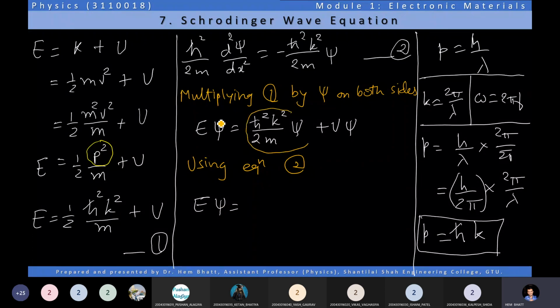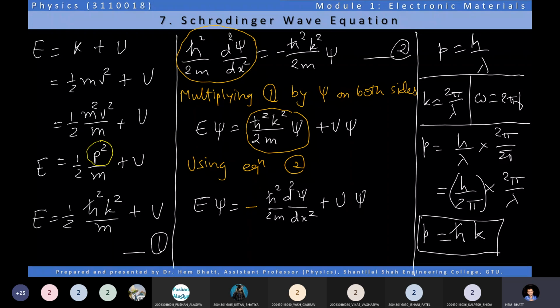Instead of this, I will substitute this value, of course with negative sign. So minus h cut squared d2 psi by dx squared plus U psi.